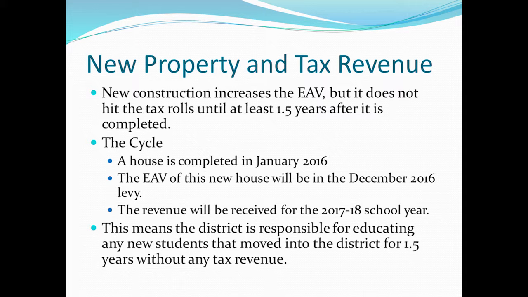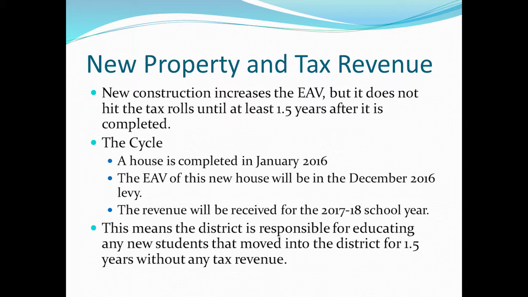And what that means is, if a house is done and completed in January of 2016, and let's say they have a couple kids, the kids start school right away. So in January 2016, we are educating the kids and happy to do that, right?